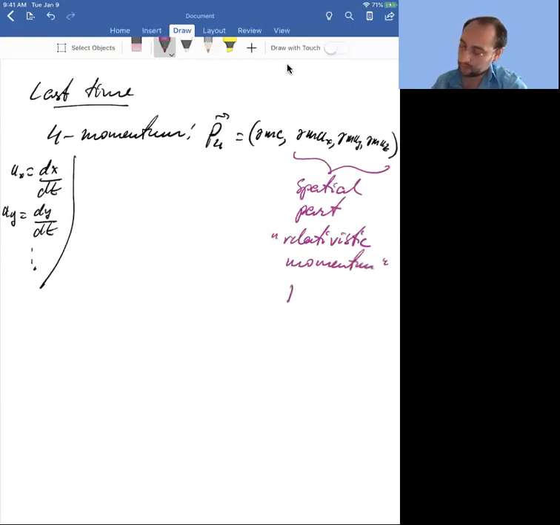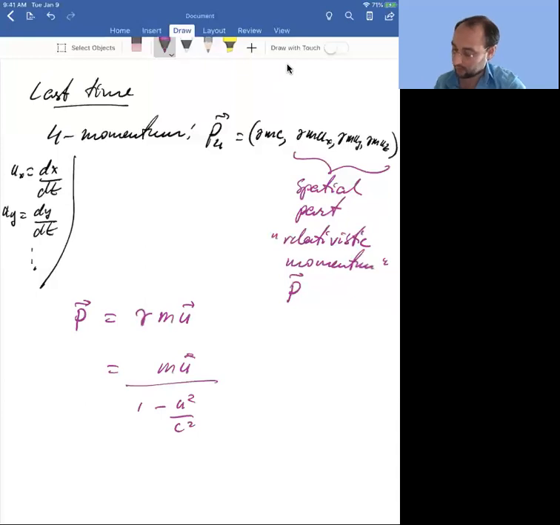And I will just denote it by P as a vector. It's a vector P, but it's not an ordinary P. It's not mass times velocity. It's gamma times mass times velocity. So relativistic momentum is gamma times mass times the velocity, or mass times velocity divided by the square root of 1 minus u squared over c squared.